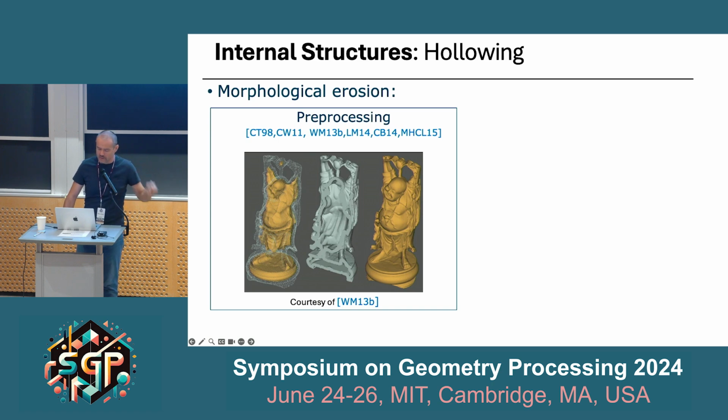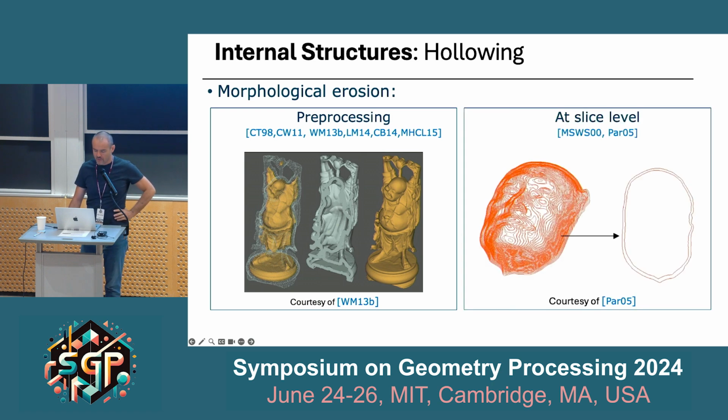But let's take each of these steps on its own. To make room for internal structures and to create these cavities inside the object, you can use morphological erosion, for example. So you may create offsets and grow and shrink the object just enough to create the surfaces that enclose the thick part of the object.